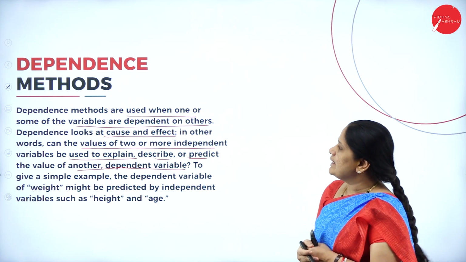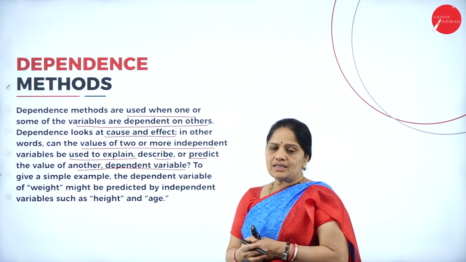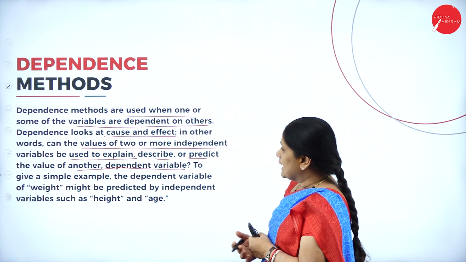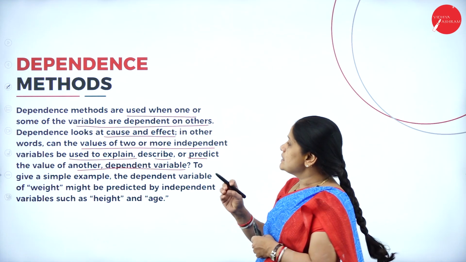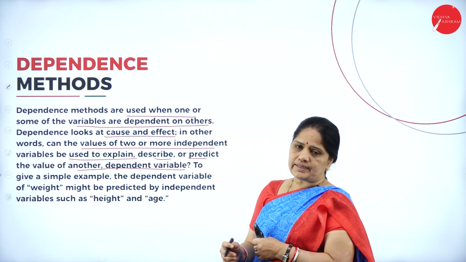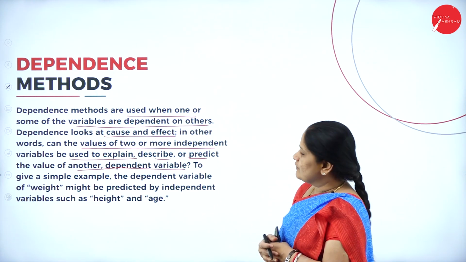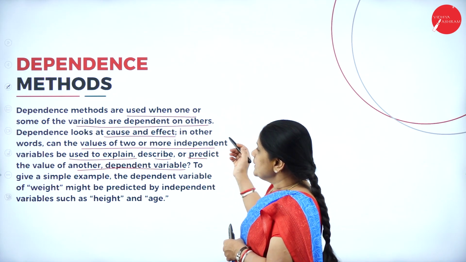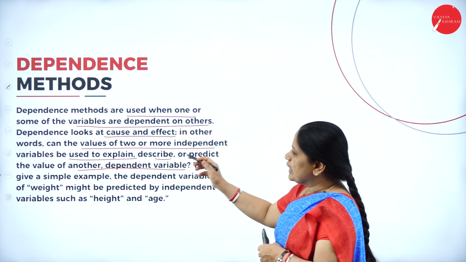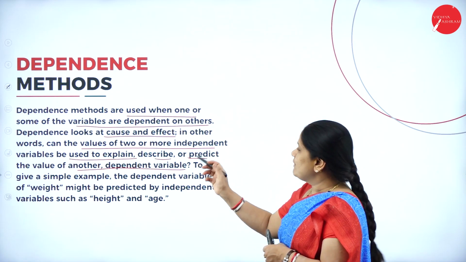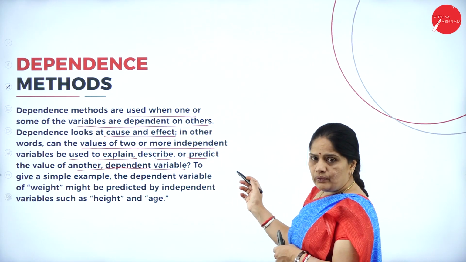So, in this dependence method, we will be making use of two or more variables which are dependent on the others. Here the dependence looks at cause and effect. What is the cause for the variable and what is the effect of that variable?